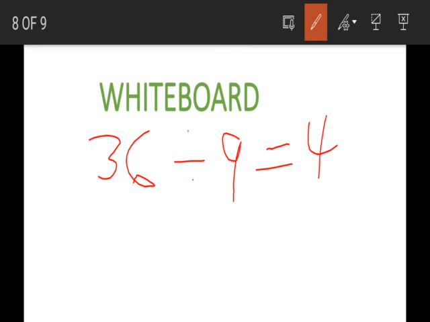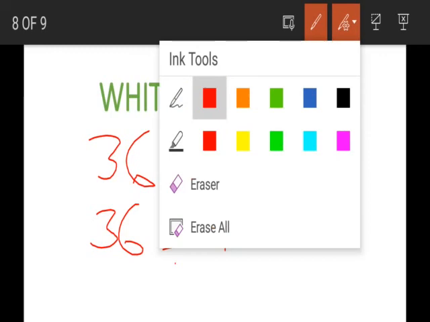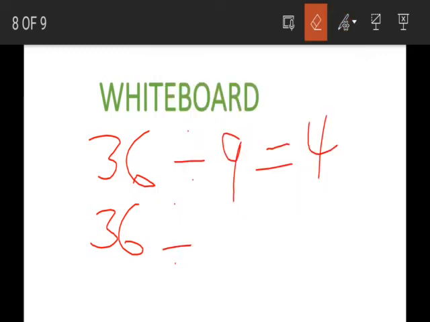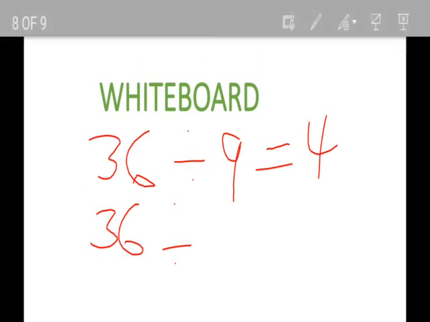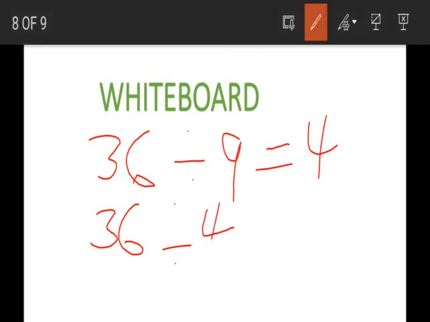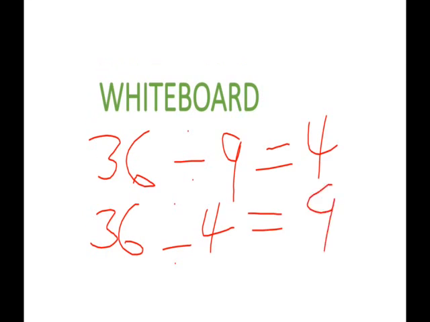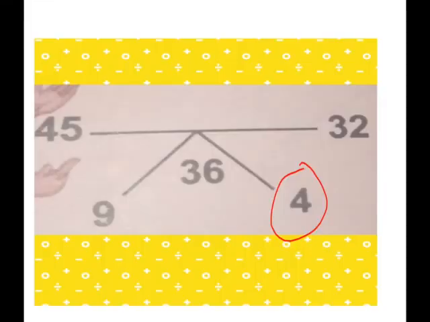In the same way, to get our 9 is going to be 36 divided by 4. 36 divided by 4 will give us 9. So that is how we can get our 9.